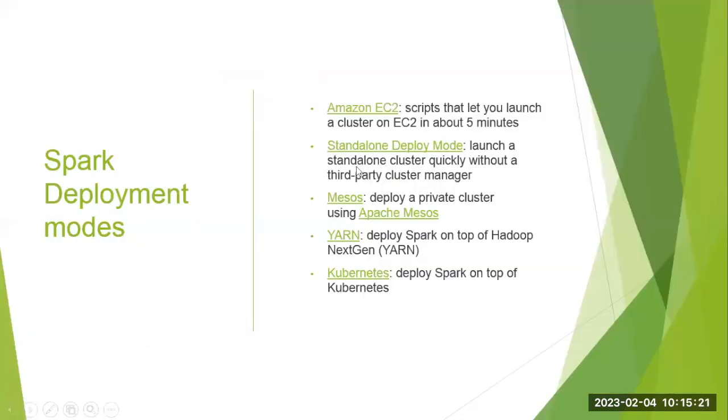OK, so these are the different deployment modes. There are two different things: one is the deployment mode and the other is the job submission mode. Often candidates get confused between the deployment mode and the job submission mode. Deployment mode means how you deploy Spark, on what, which resource manager you are using at the back end.